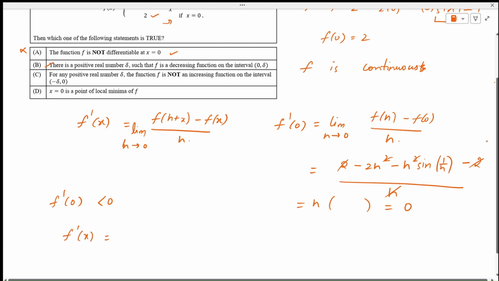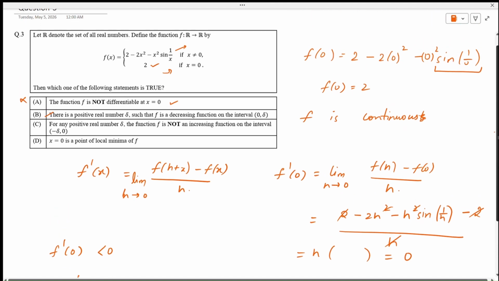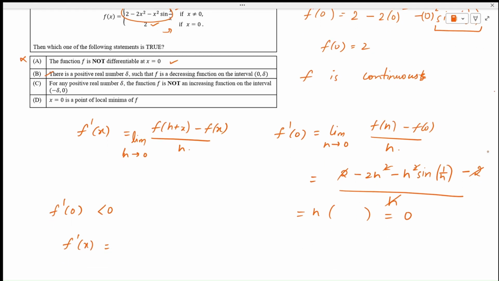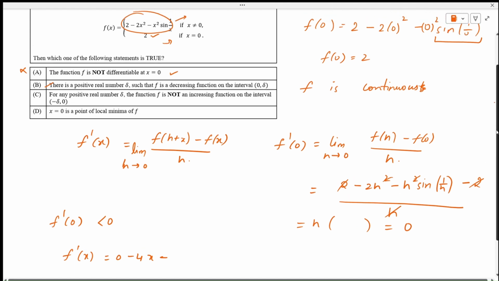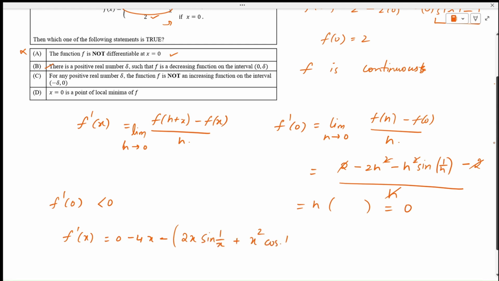F dash of x is nothing but, let us differentiate the numerator, this first function. So we'll get 0 minus 4x minus, if we differentiate x square sine 1 by x, we'll get 2x sine 1 by x plus x square cos 1 by x into minus 1 by x square.